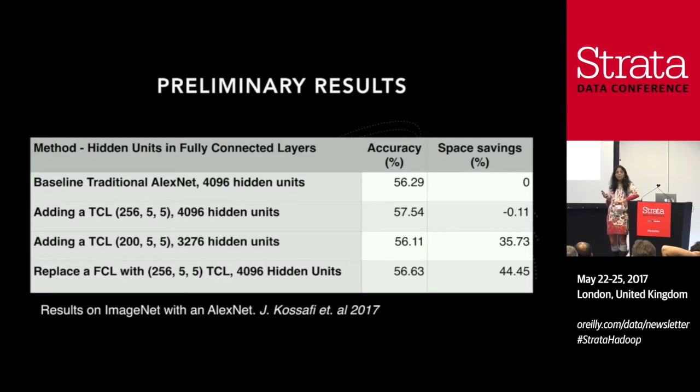So just to give some preliminary results, what this will result in is a much more compact network, in fact, with a better accuracy. So the baseline, this is the standard network where there are fully connected layers with matrix operations. But if you replace them with a tensor layer, you get a huge amount of space saving, in fact, about 44% space saving and even a better accuracy.